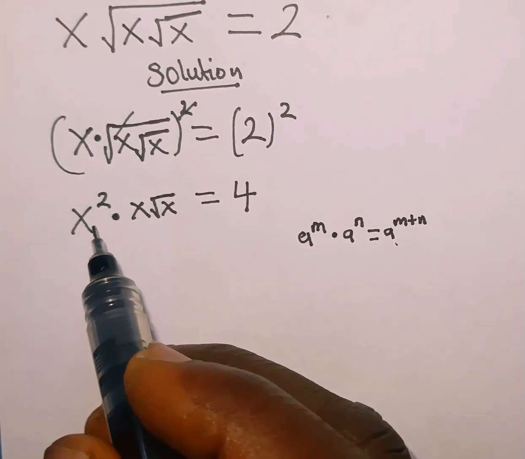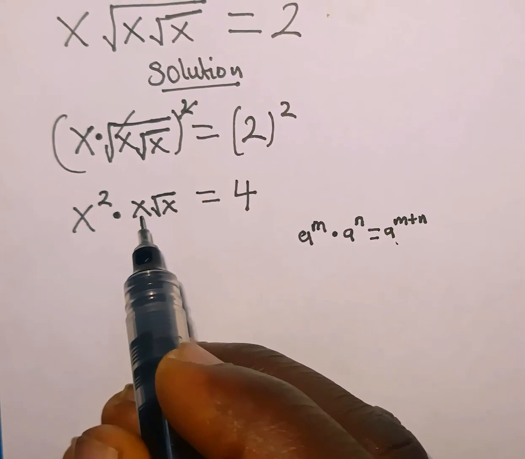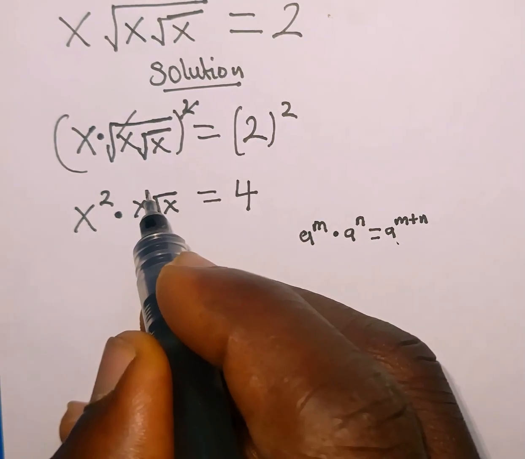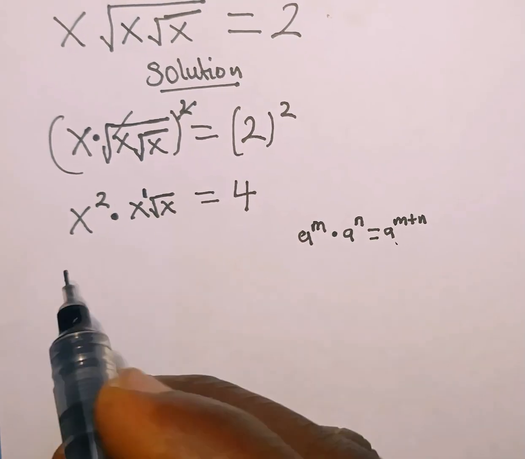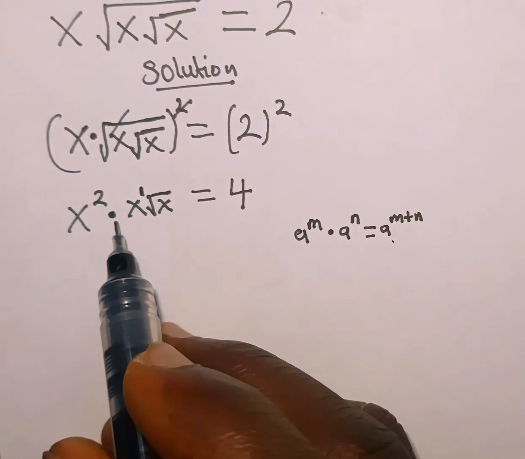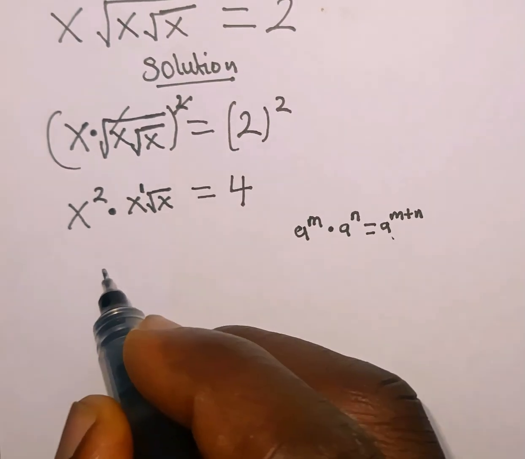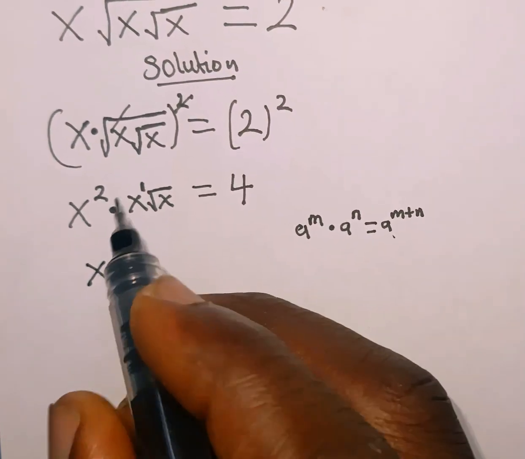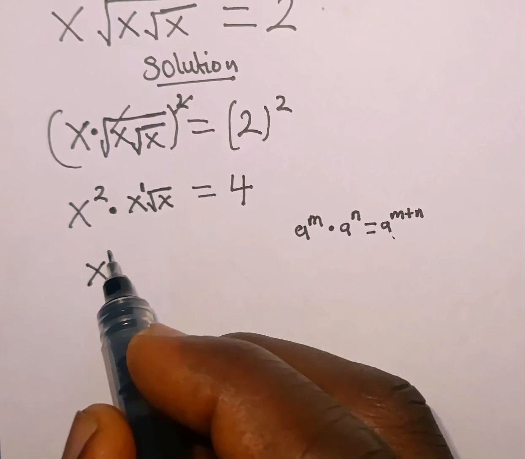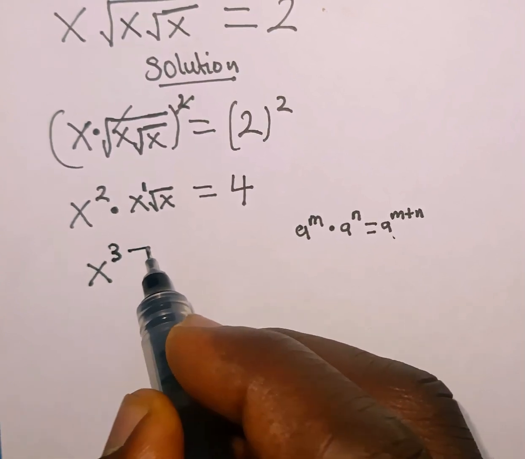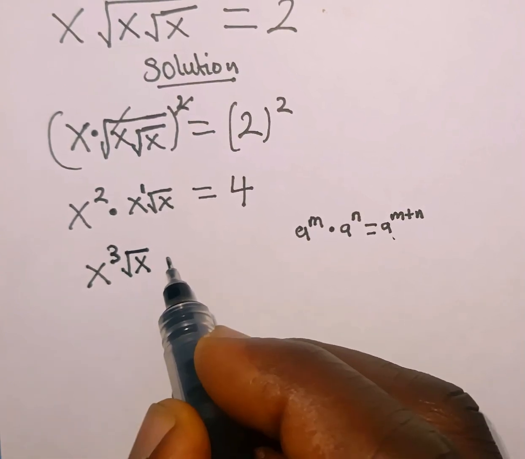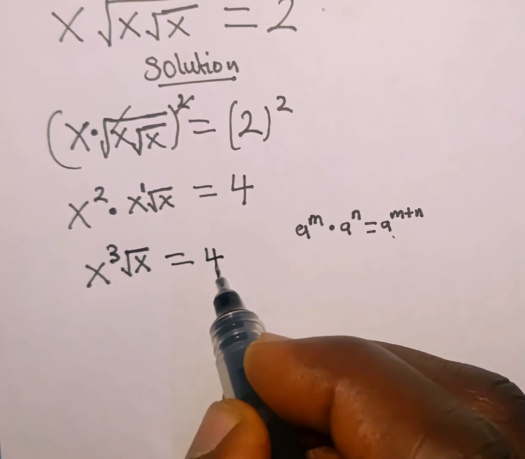So in this case, x to the power of 2 is multiplied by this x, and this x is the same as x to the power of 1. So when we multiply x to the power of 2 by x to the power of 1, all we need to do is write one of the base, which is x, then add the powers. 2 plus 1 gives us 3. Then all multiplied by the square root of x, which is the same as 4.